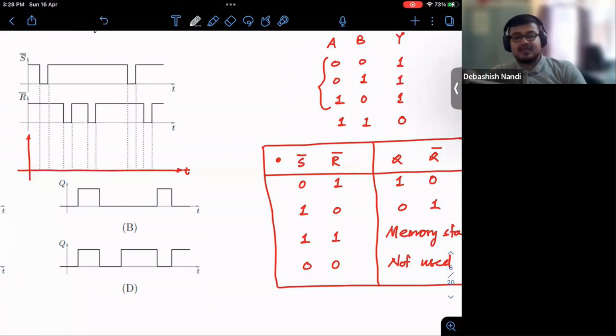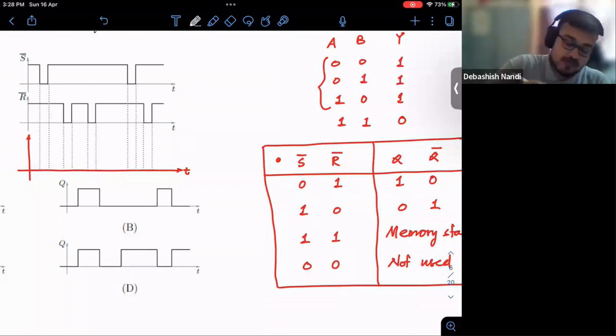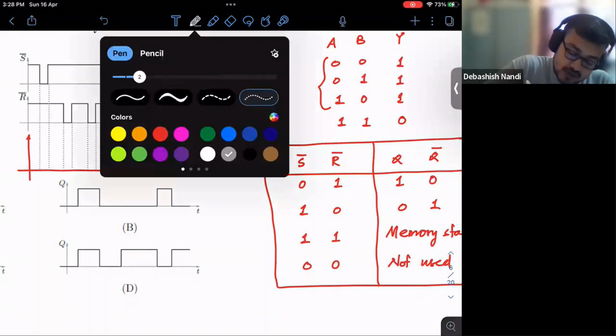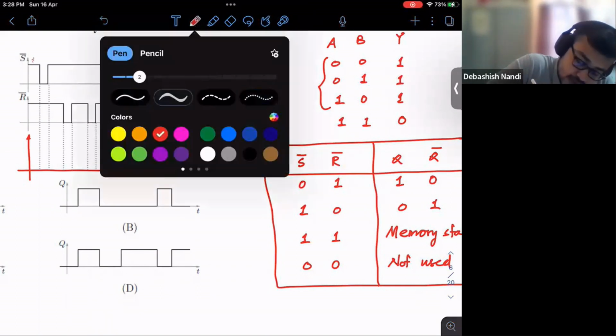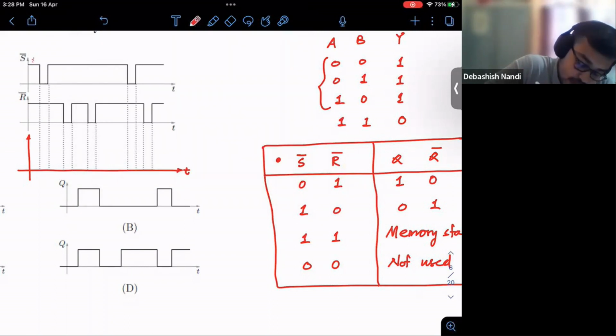So these are the changes in the input, any of the input. So now let me write down, this is 1, then 0, then 1, 1, 1, 1, 1, 0, 1, 1, 1.